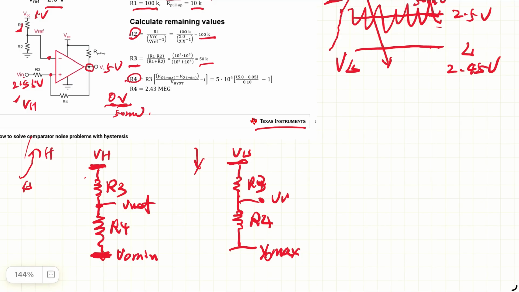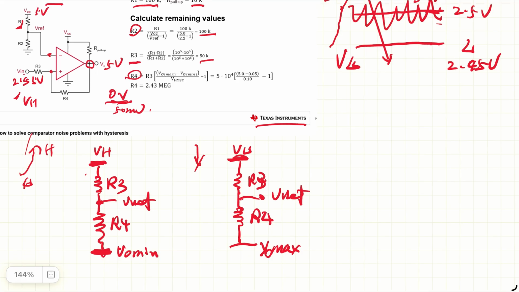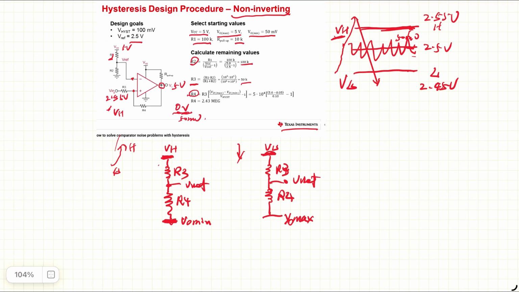So this is still VREF. This is if the circuit is going from high to low, and nothing will happen until the input reaches 2.45 volts, the V low value at the input, and the middle point here will be VREF.